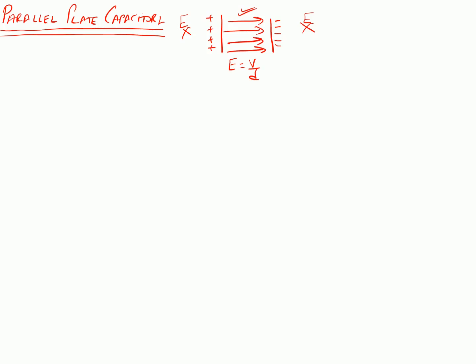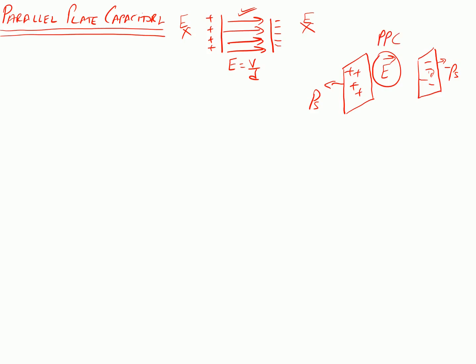Assuming that our sheets are something like this, they are located on the y is equal to 0 plane. So these are the two sheets. Let us say one is positively charged, other is negatively charged, and this is a positively charged sheet and this one is a negatively charged sheet, and we want to find the electric field that is available inside the parallel plate capacitor, and nothing is outside, or no electric field exists on the outside of the sheets.